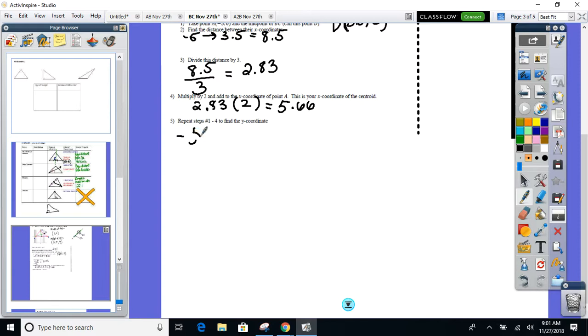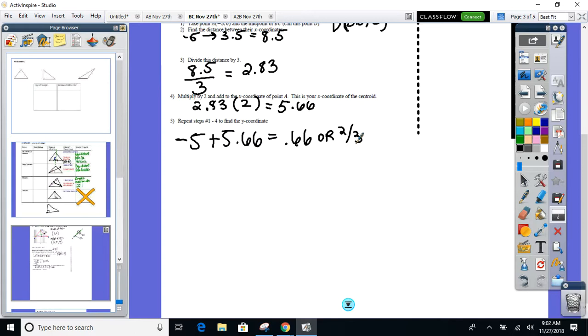So from -5, I need to go 5.66 units. And where do I end up on the x-axis? 0.66. And that's about, and I don't expect you to change it if you don't want to, 2/3 as a fraction. Yes, Emma.